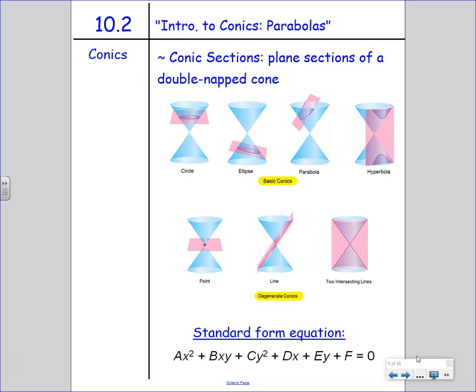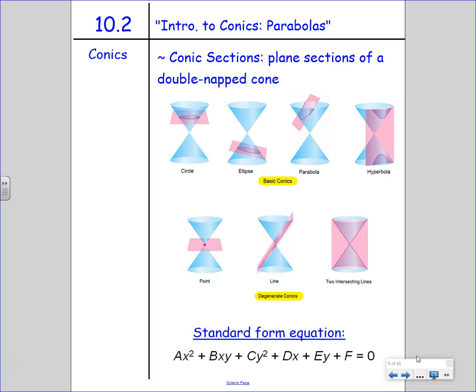So you need the basic conics, and then you need the degenerates. Degenerate conics are ways of slicing a double cone and not getting one of the curvy shapes from up above.